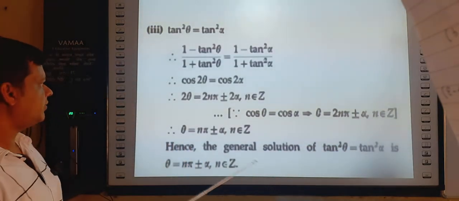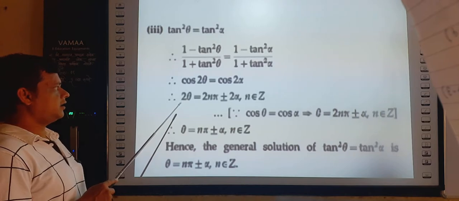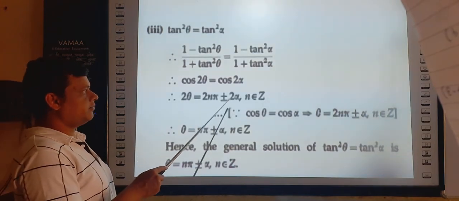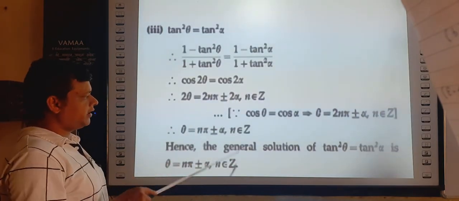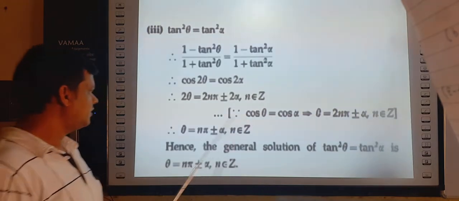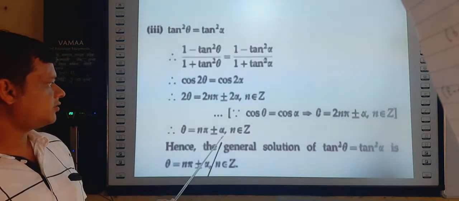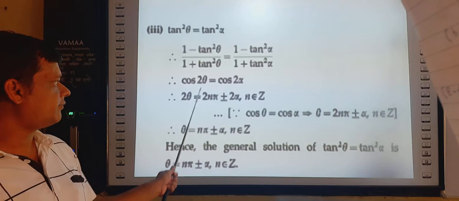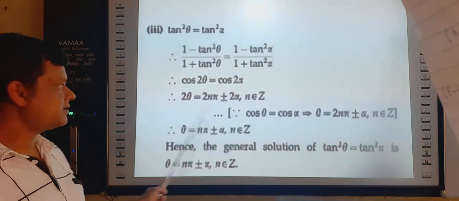Now again, in place of theta here we have 2 theta, in place of alpha we have 2 alpha. So write the general solution. Therefore theta equals n pi plus or minus alpha, n belongs to Z, after taking 2 from the RHS and cancelling with these 2.